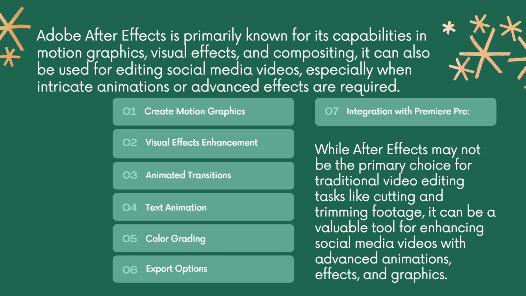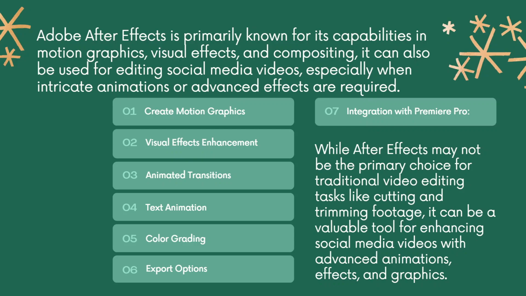So Adobe After Effects is primarily known for its capabilities in motion graphics, visual effects, and composition. It can also be used for editing social media videos, especially when intricate animations or advanced effects are required.